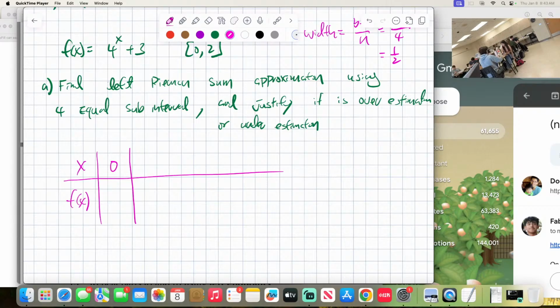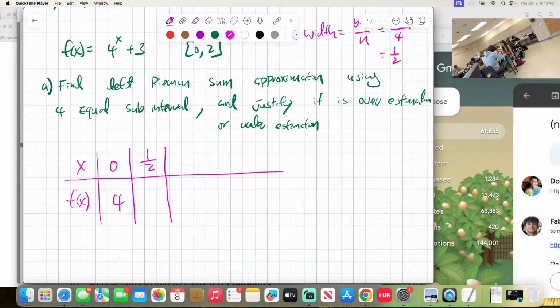So if I plug in 0, what am I going to get? 4, right? Some people put 3. Anything to the 0 power is 1, so 1 plus 3 is 4.